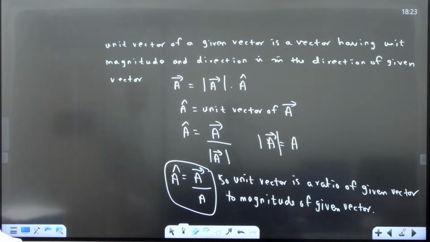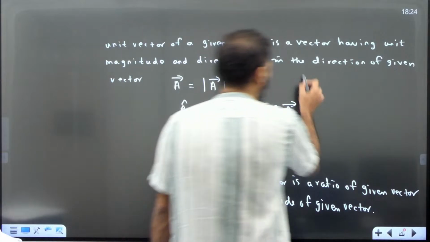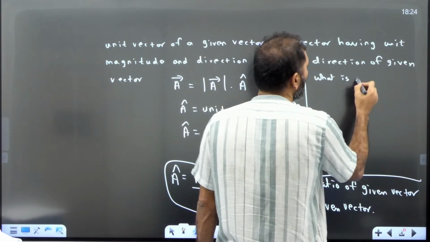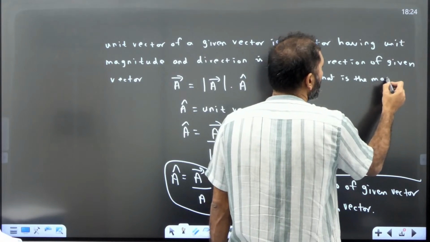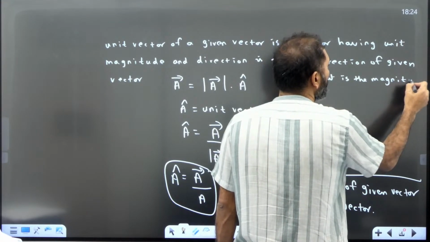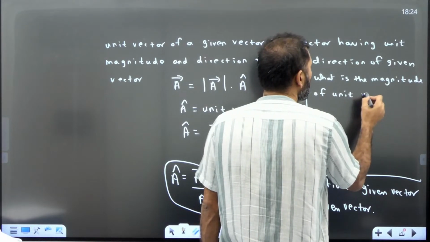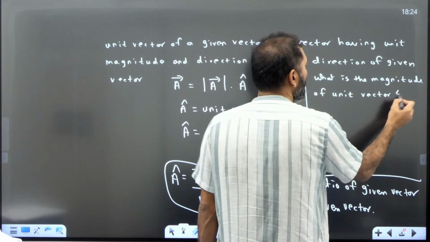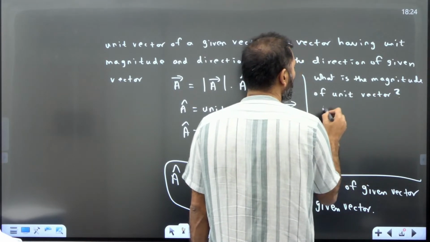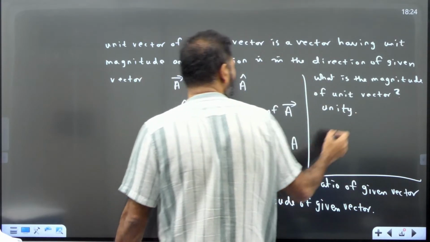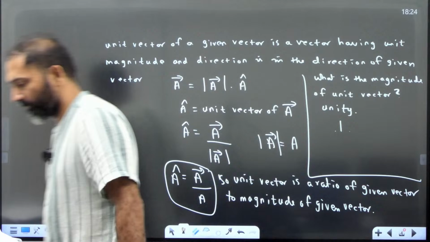Unit vector. What is the magnitude of unit vector? You can expect a question. One word. What is the magnitude of unit vector? Answer is what? Unity. That is 1. Note here.